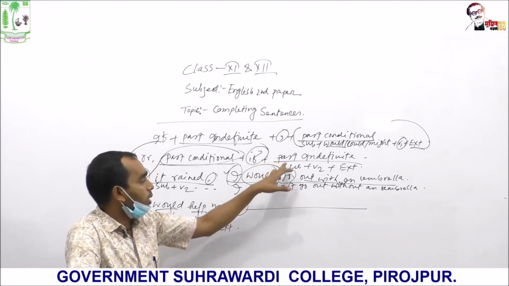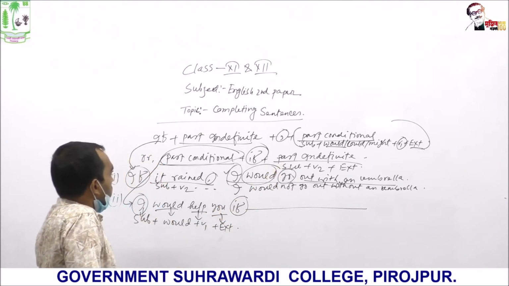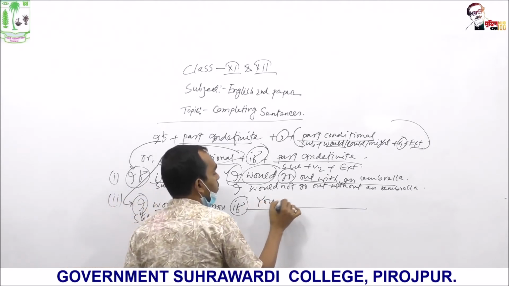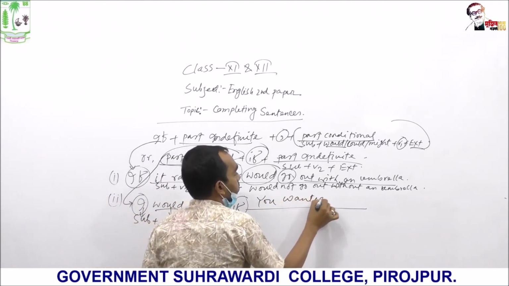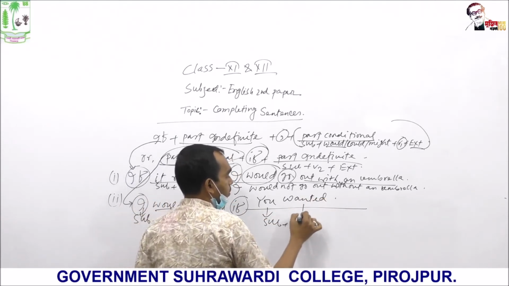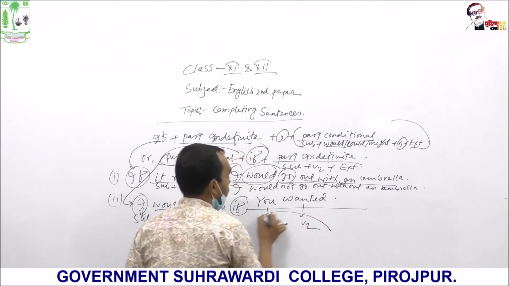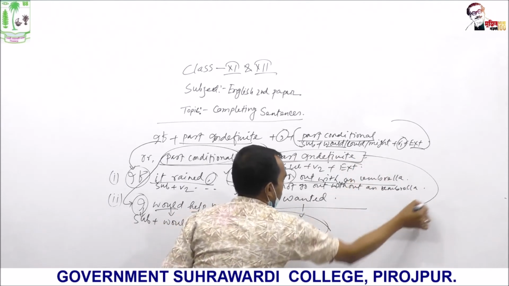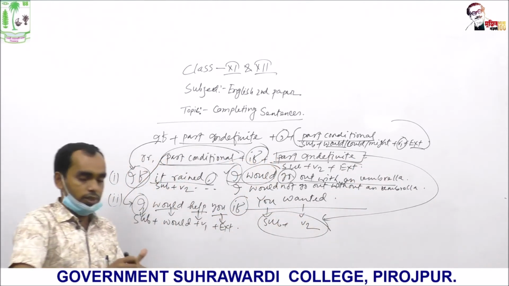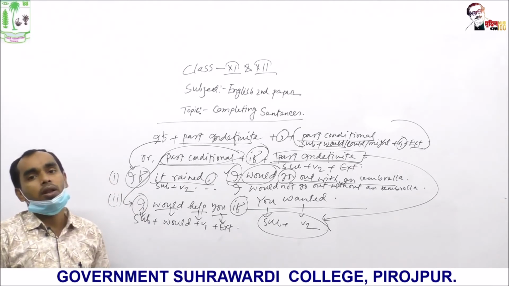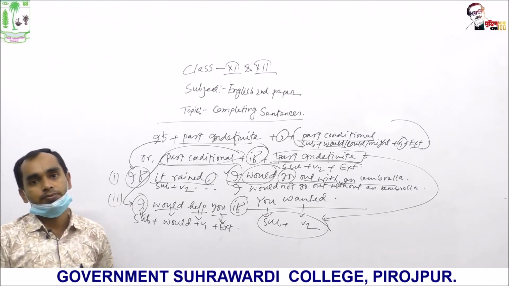Okay, then I can write, I would help you if you wanted. Now, this one is subject plus V2. So, this is the structure of past indefinite or simple past tense. Understand? Okay.